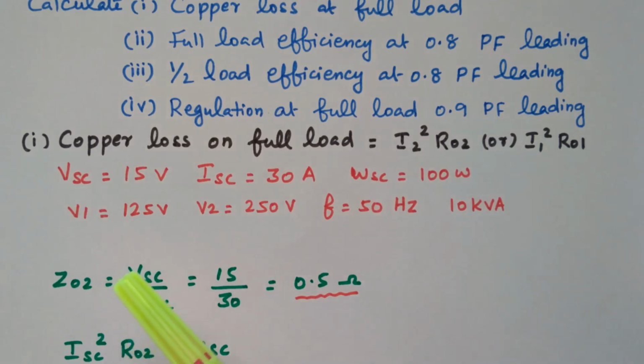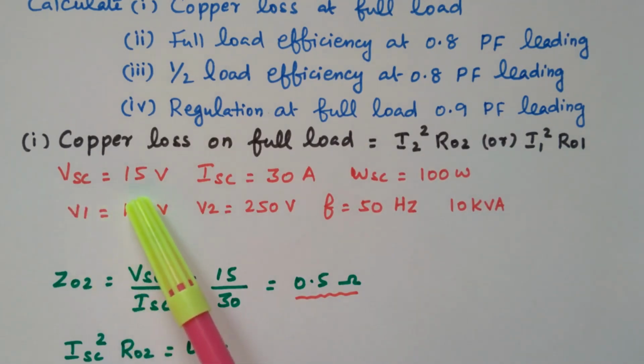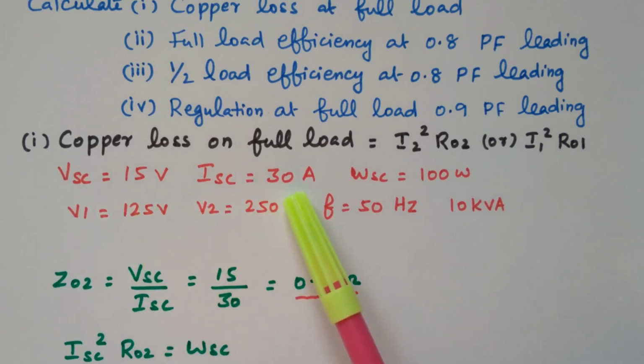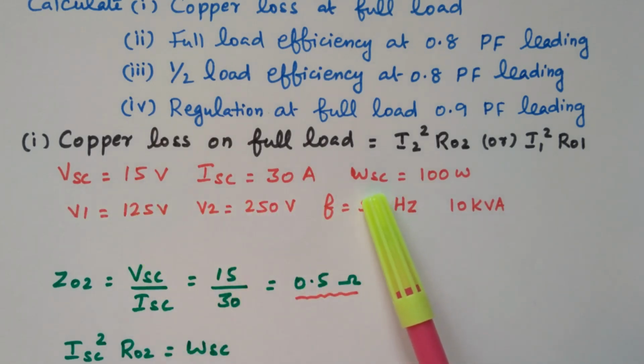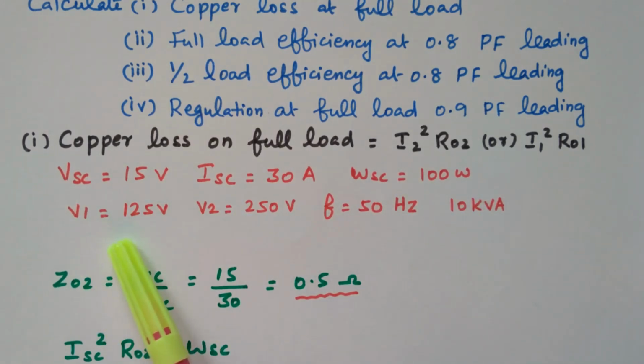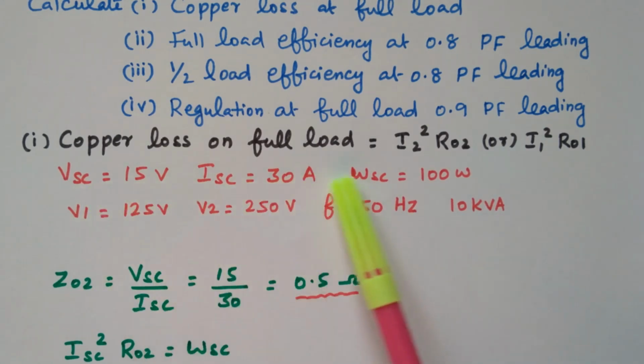The data available is: the short circuit voltage is 15 volts, the short circuit current is 30 amperes, and the power during the short circuit test is 100 watts. Then V1 is 125 volts, V2 is 250 volts, the frequency is 50 Hz, and the rating of the transformer is 10 kVA. This is the data for the short circuit test.